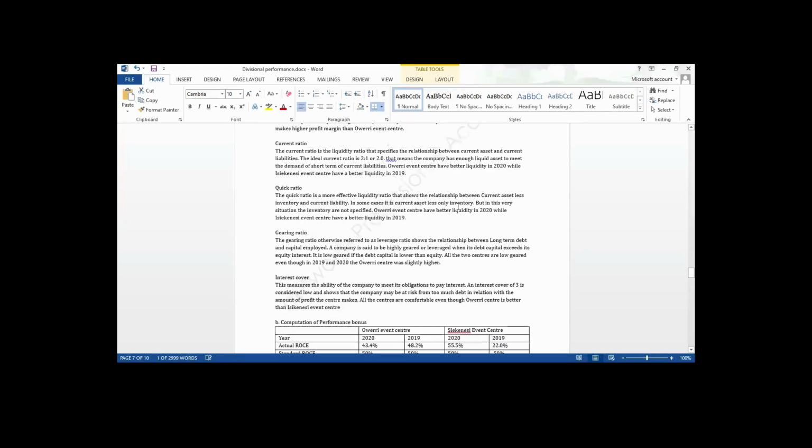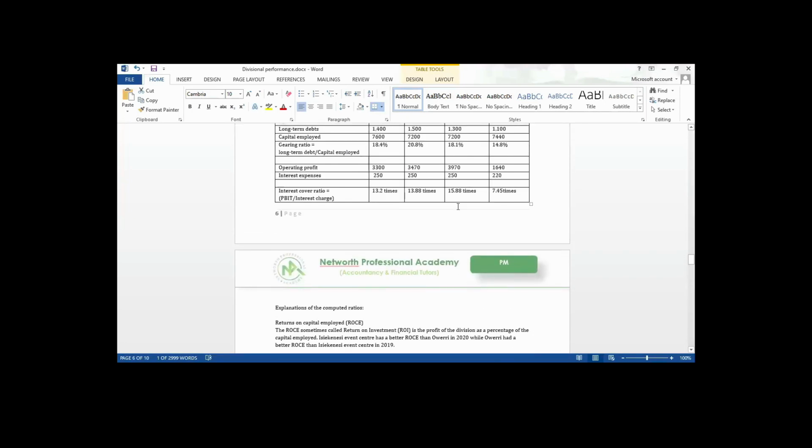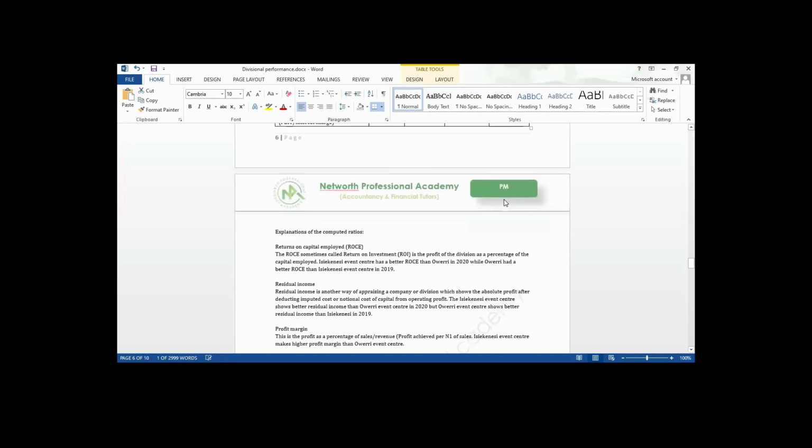Let's check the ratio. 13, 13, except for Isekunisi that you have 7. This is actually high. Isekunisi is better in 2020, but Owerri is better in 2019. You have explained.